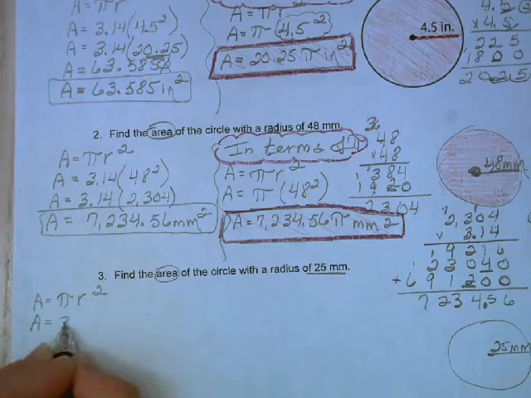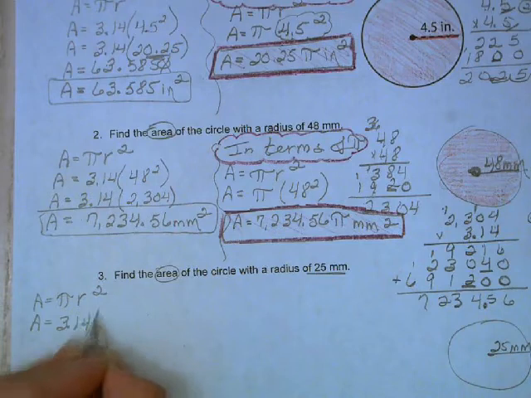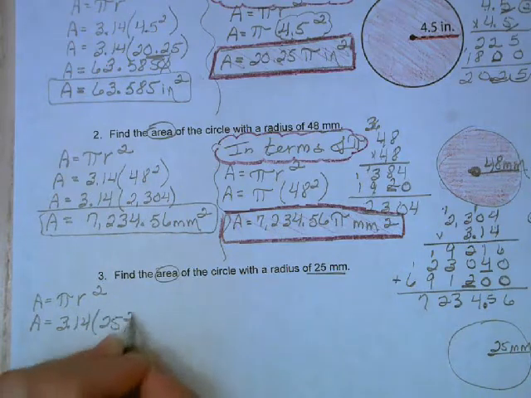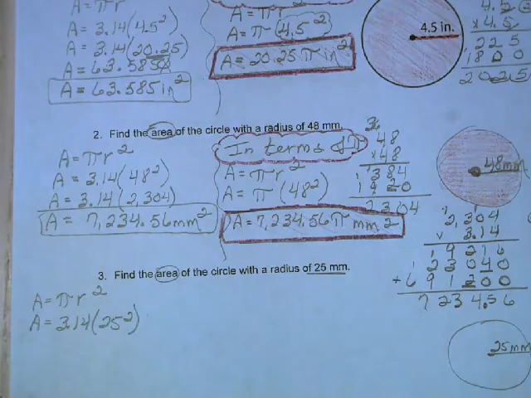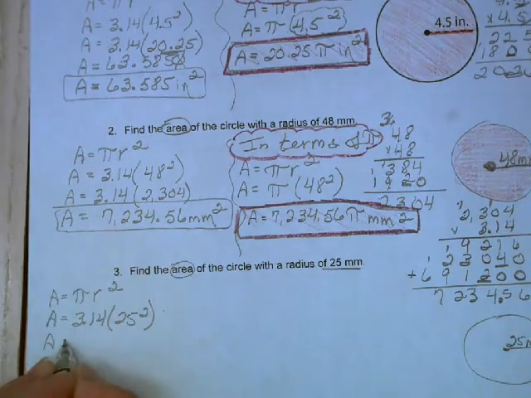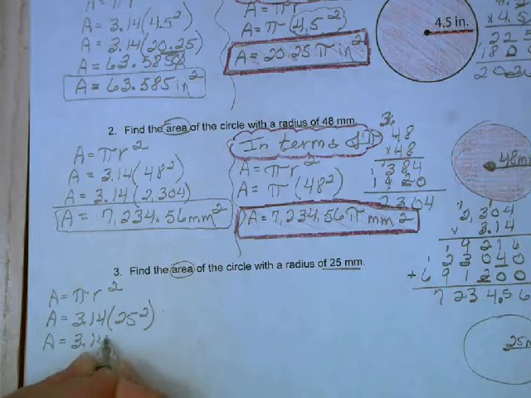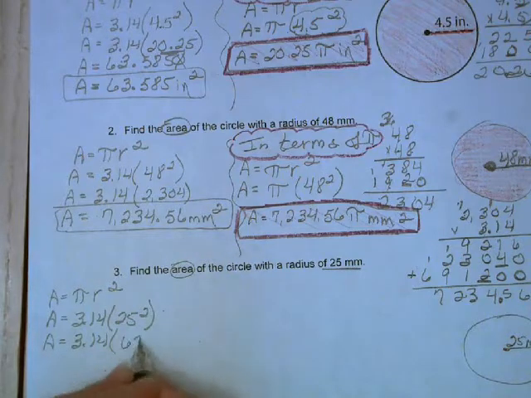Area equals 3.14 times 25 squared. All right, so I can't say that I know all of my perfect squares, but I am going to say that 25 squared is 625.